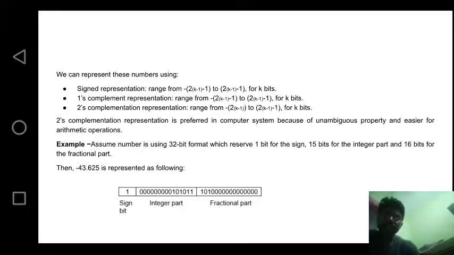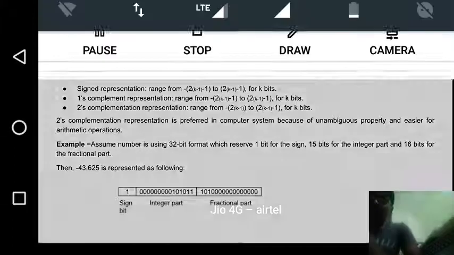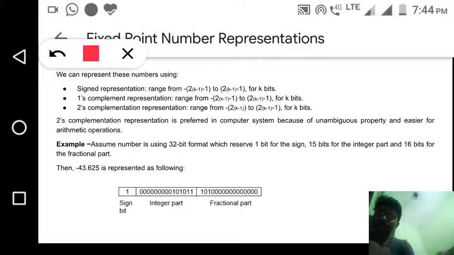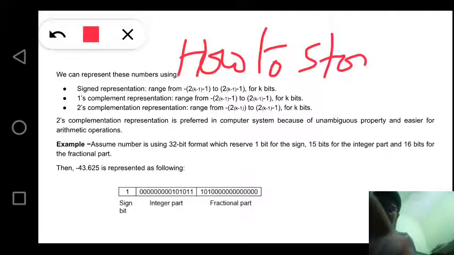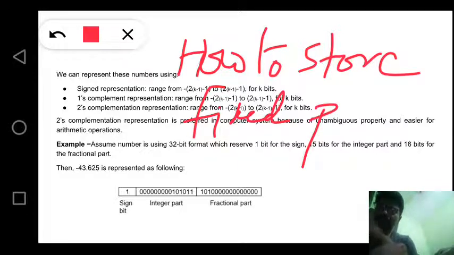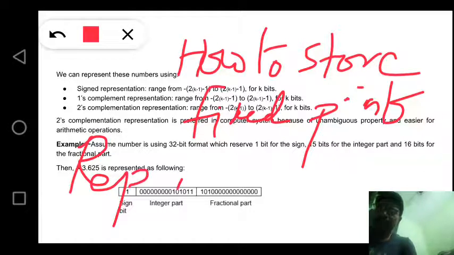Next, we can represent these fixed point numbers using, this is important. Okay, we are saying that a real number can be represented using fixed point and floating point. But how to represent or how to store this fixed point representation in memory?